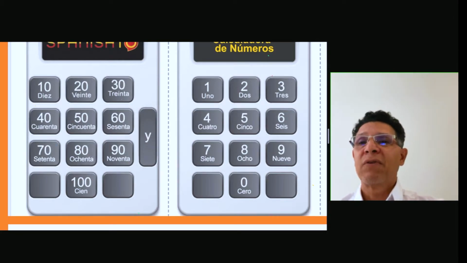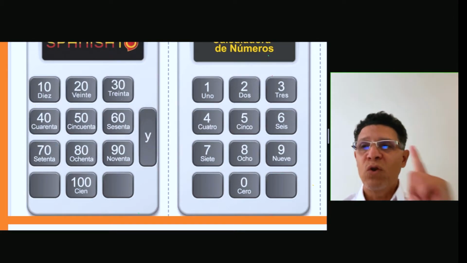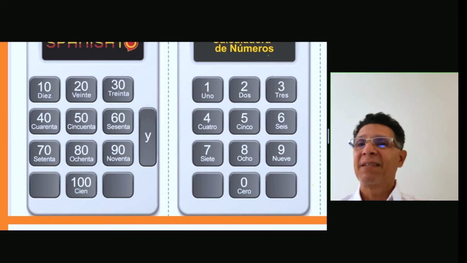Okay, so the first number is, of course, uno. Everybody say uno. And then number 2 is dos. See how I pronounce the S? Dos. Number 3, tres. 4 would be cuatro. 5 would be cinco. CI like city, cinco.